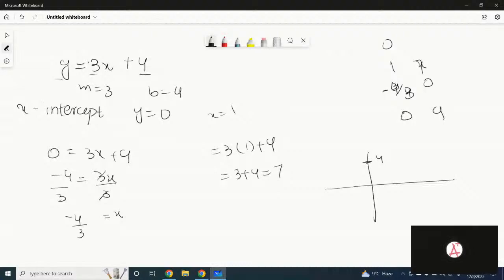So it is negative 1.3 and 0. Here is the point. Got it? So just connect these two points to form the graph. It would be like this. Got it?